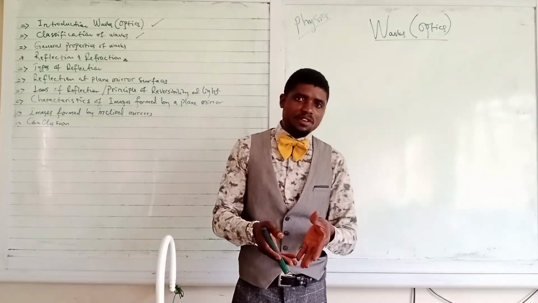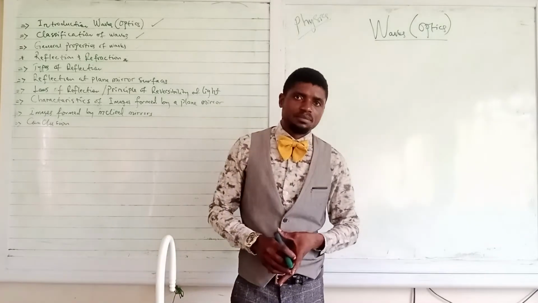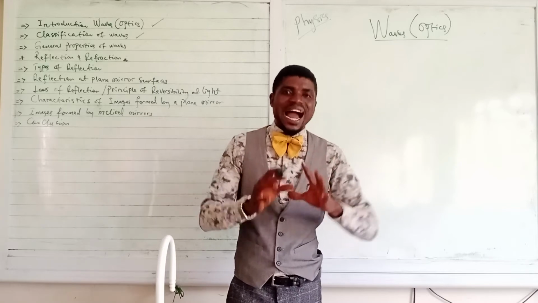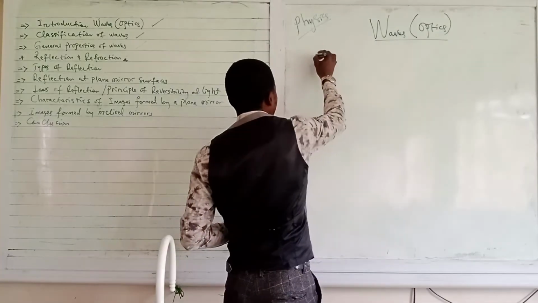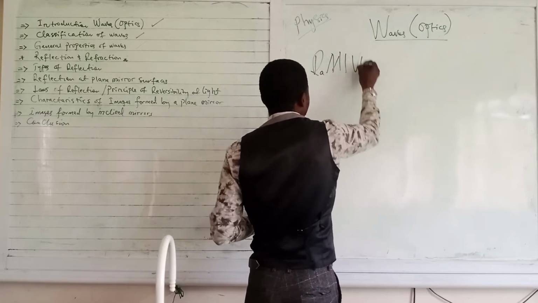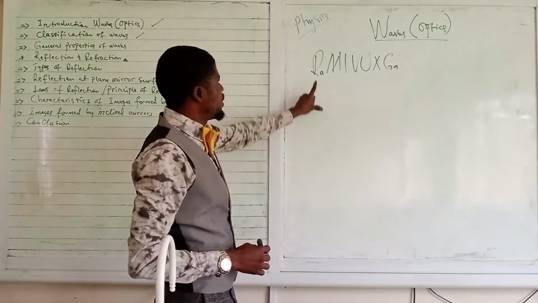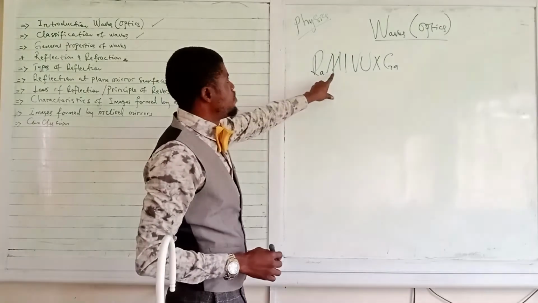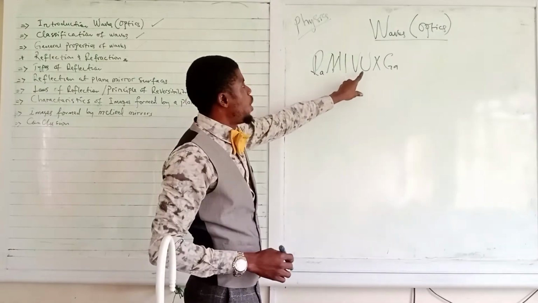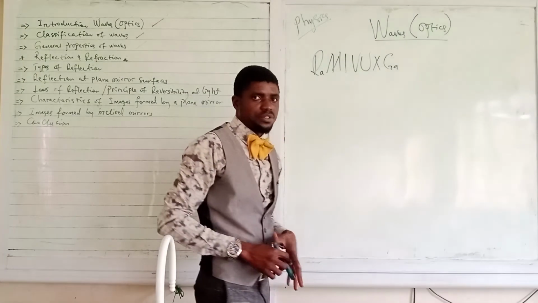Electromagnetic waves are those waves that do not require a material medium for their propagation. Example of such waves is what I write in an acronym called RAMI-VUSGA. By RAMI-VUSGA, I mean radio waves, microwaves, infrared rays, visible light, ultraviolet rays, X-rays and gamma rays.